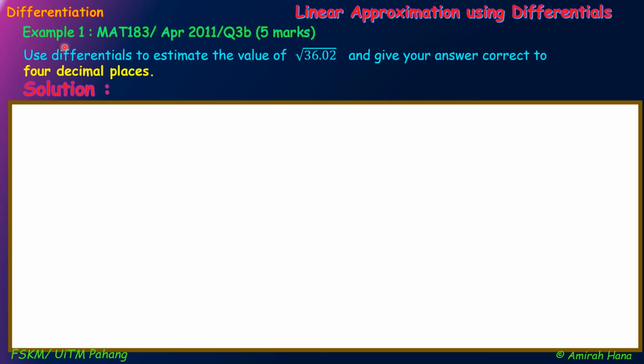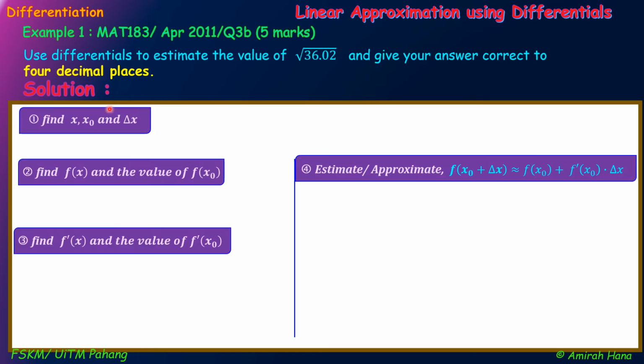Now we look at example 1 from previous semester papers, April 2011, question 3b, 5 marks. Use differentials to estimate the value of the square root of 36.02 and give your answer correct to 4 decimal places. First, we can list down the steps to solve differentials. Step 1, find x naught and delta x. Step 2, find f(x) and the value of f(x naught).